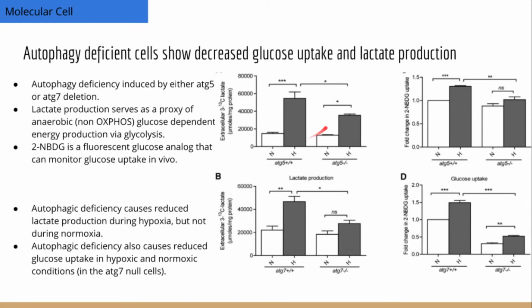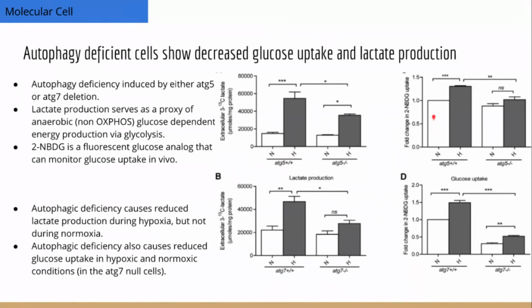So using these autophagy deficient cells, they decided to begin looking at two basic parameters. They were looking at lactate production in these two graphs and glucose uptake in these two graphs. So lactate production serves as a proxy of hypoxic energy production by glycolysis. And so it's basically a measure of glucose consumption during hypoxia.